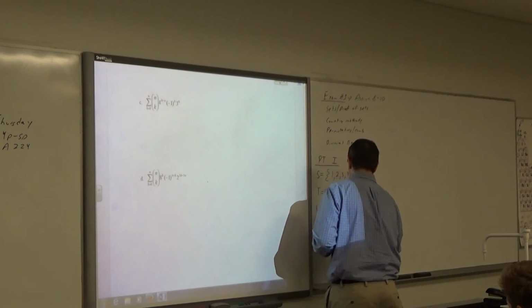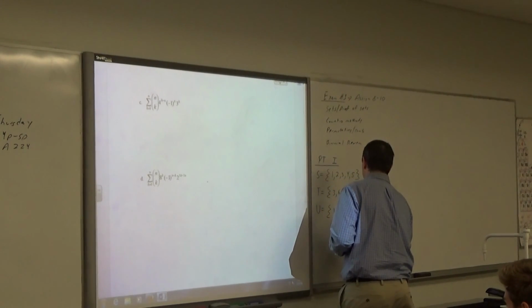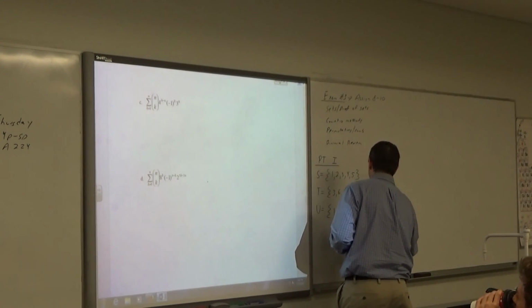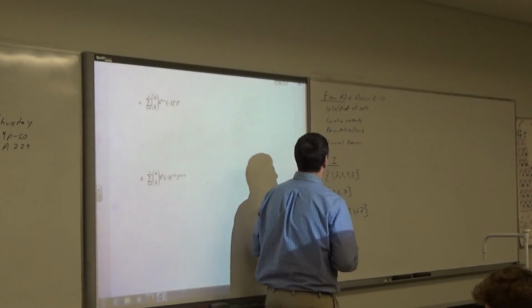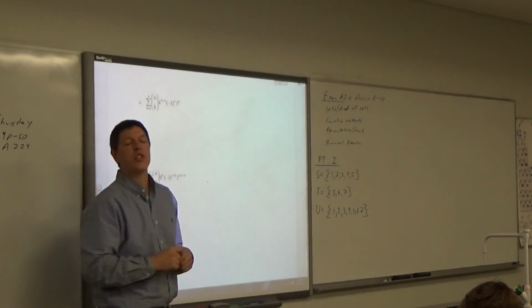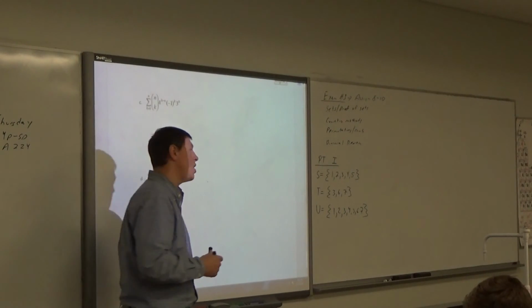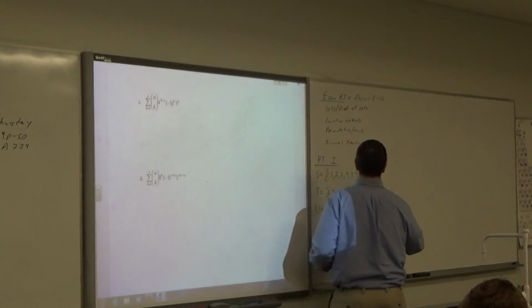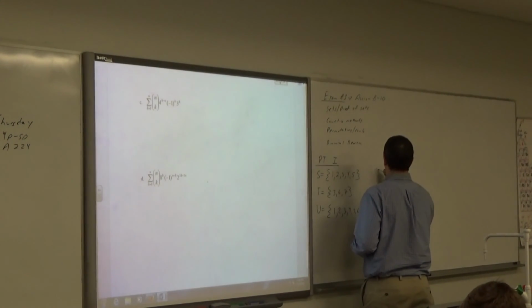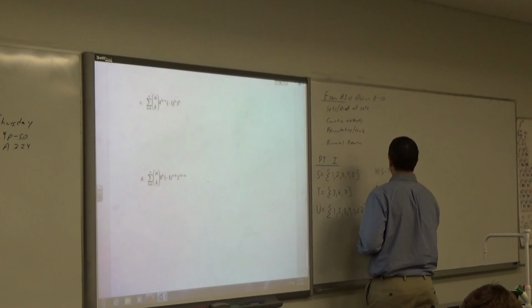I revised it, so let's say the universe was {1, 2, 3, 4, 5, 6, 7}. You probably know what to expect. I might ask you what is S minus T?